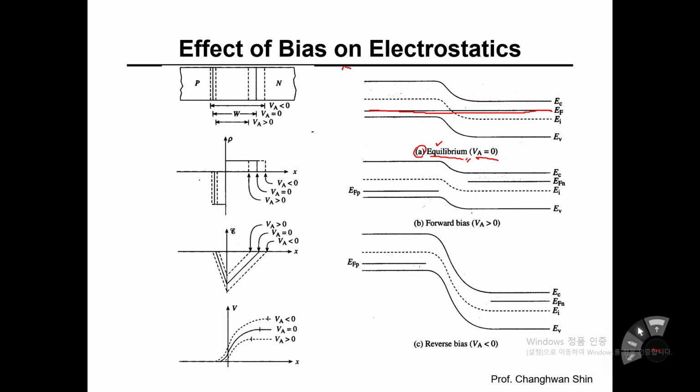Again here, the y-axis indicates the energy of an electron, and the x-axis indicates the physical distance across the PN diode. So E_F is single valued because it is at thermal equilibrium. So this energy difference, E_I minus E_F, is well associated with the doping concentration on the P side.